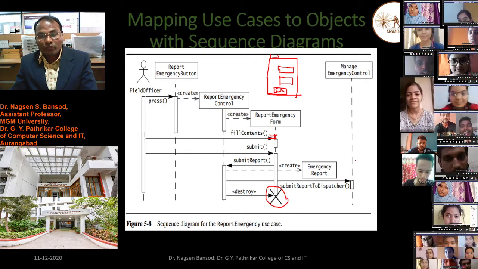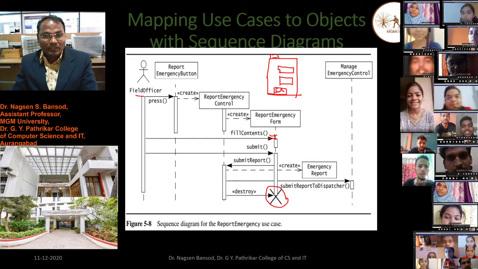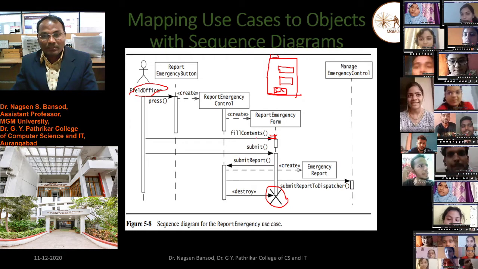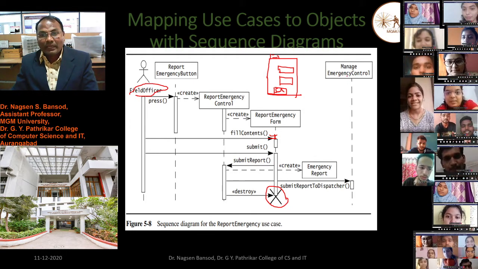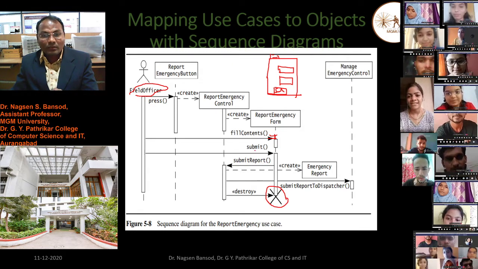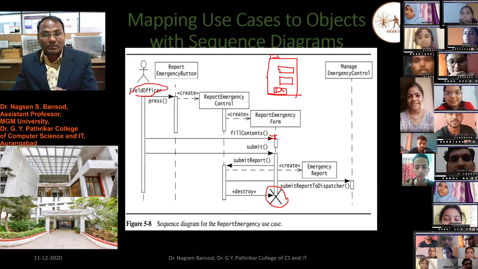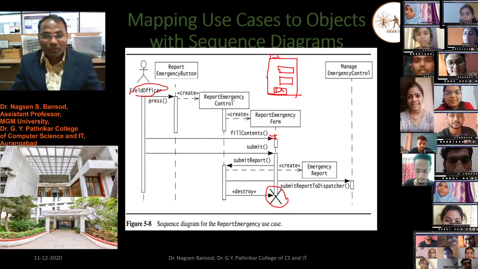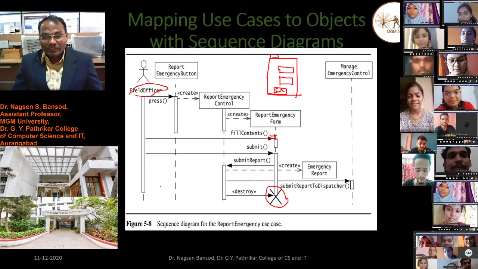The field officer will submit the message report to the dispatcher, and the manage emergency control will manage it and send the acknowledgement to the dispatcher with the report emergency control. This is the sequence diagram of the report emergency use case.